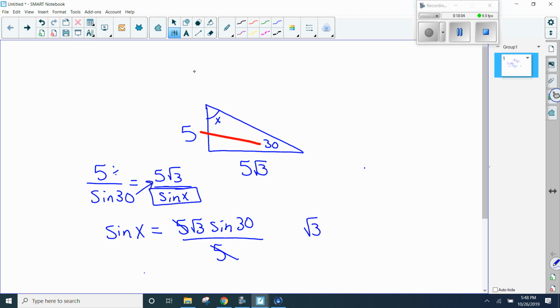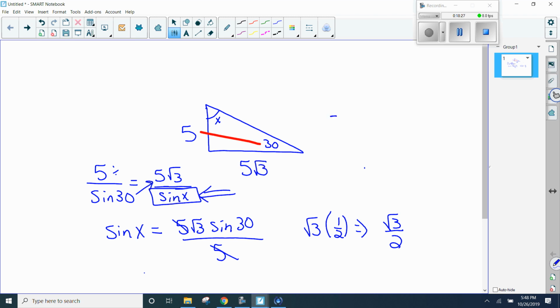Because the sine of 30 degrees, remember, you're going to put your ring finger down, and it's cosine, sine. So you get this for a value. And if you multiply those together, you are going to end up with radical 3 over 2. Now keep in mind, that's what this bottom box is in your proportion.